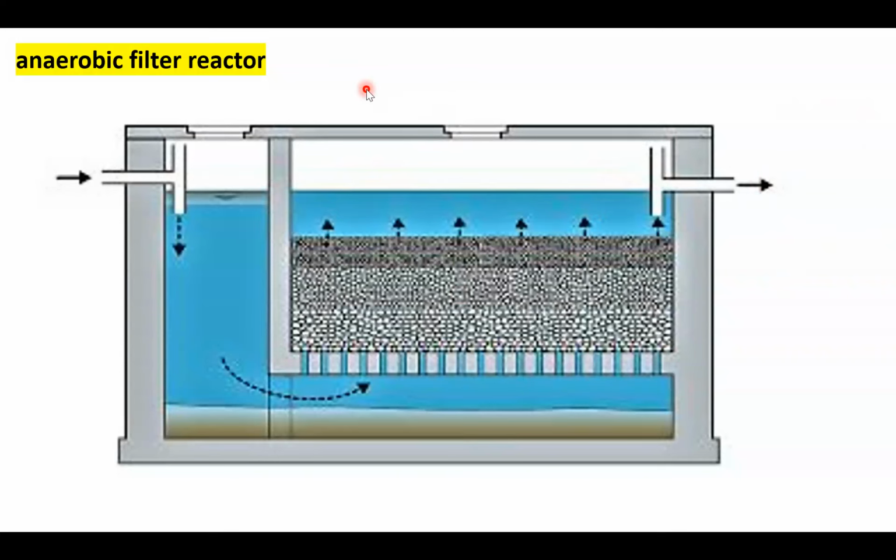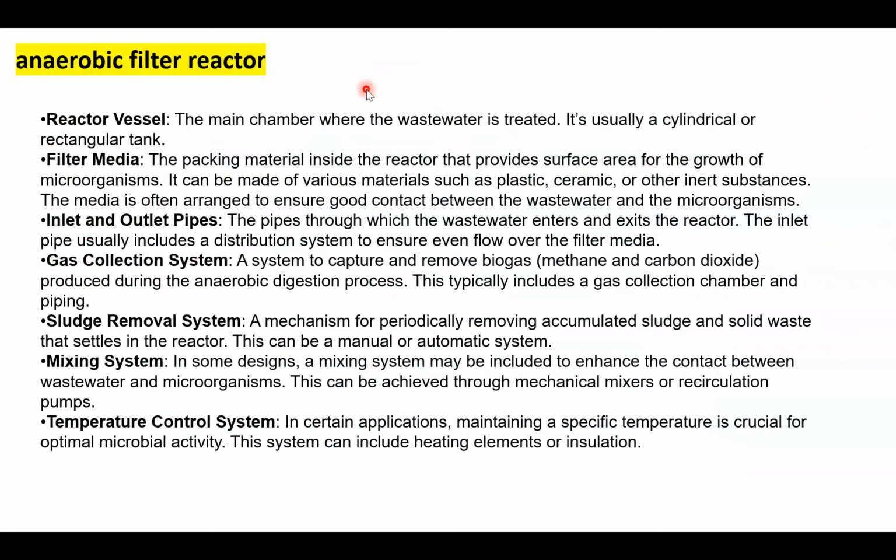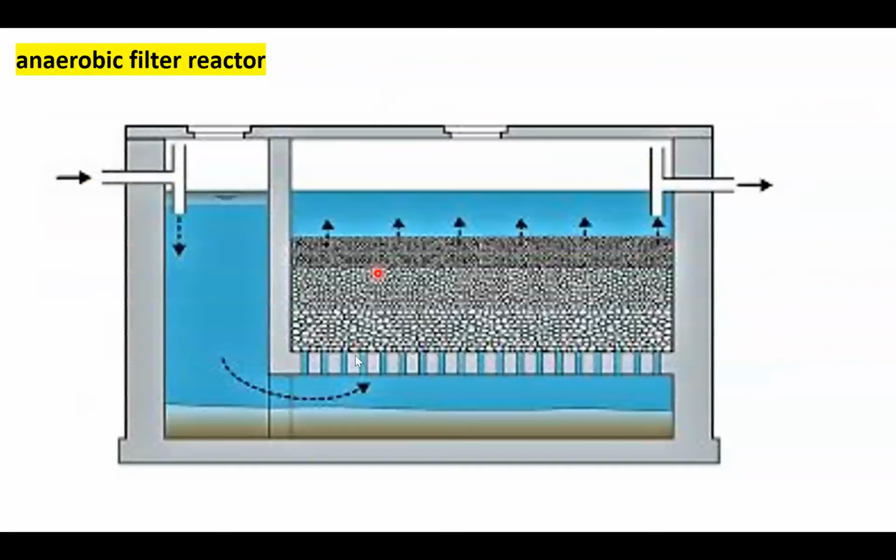So then the sludge removal system. After a while the sludge will settle and we can manually open the system and remove it, or you need some other parts. If you have a basic system, when you start working with it, whatever modification you want to do, you can just do it and see the operation.